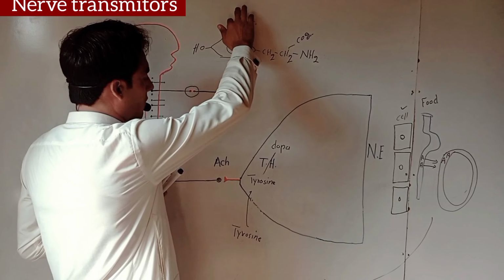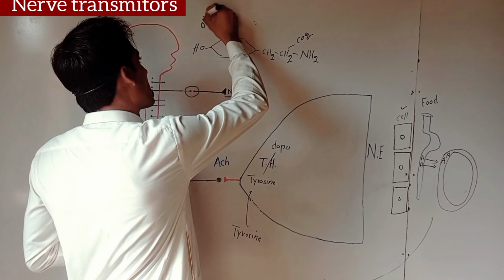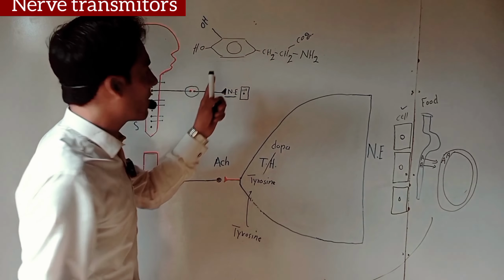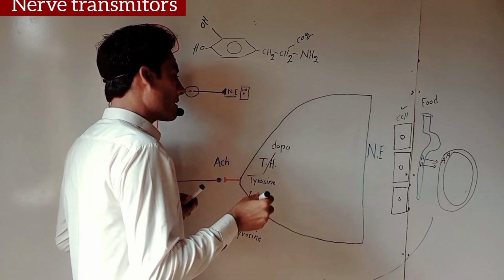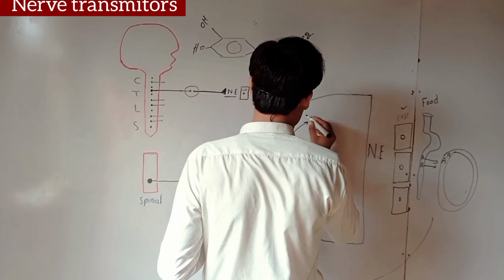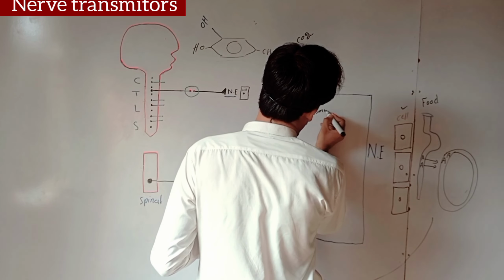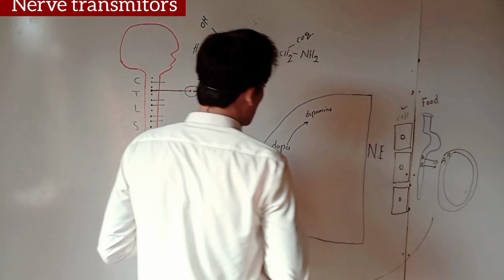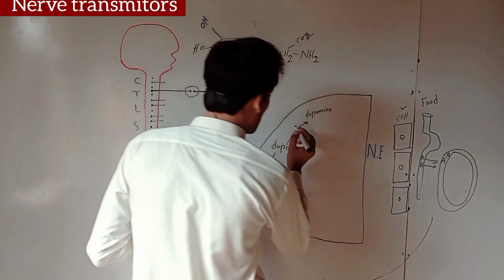So what is added over here? A hydroxyl group is added over here. So now this is DOPA. After that, another enzyme comes into action that converts DOPA into dopamine. That is DOPA decarboxylase enzyme.